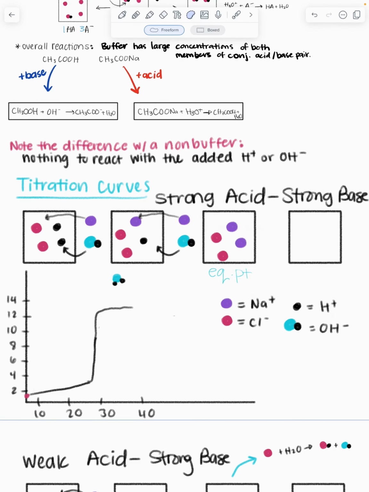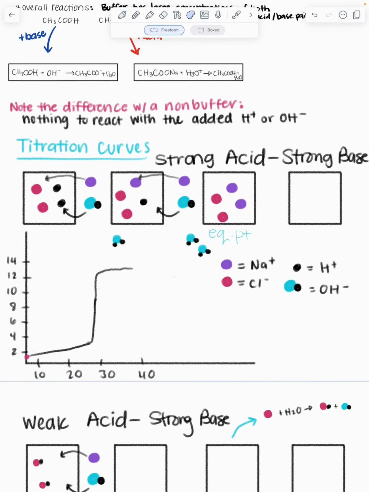The hydroxide is going to completely react and neutralize the H plus ion. So I'm going to now have more water and no hydroxide or H plus ions at all in solution.